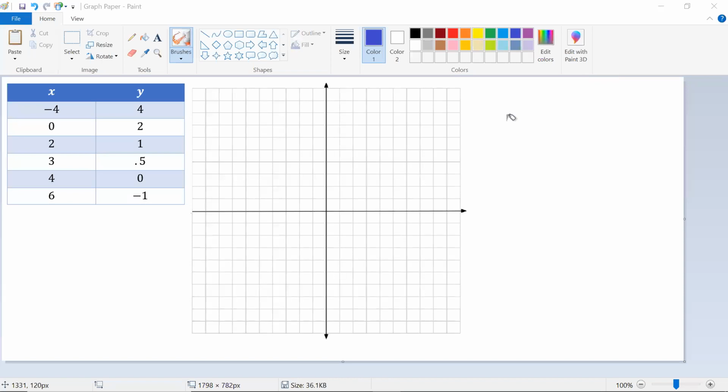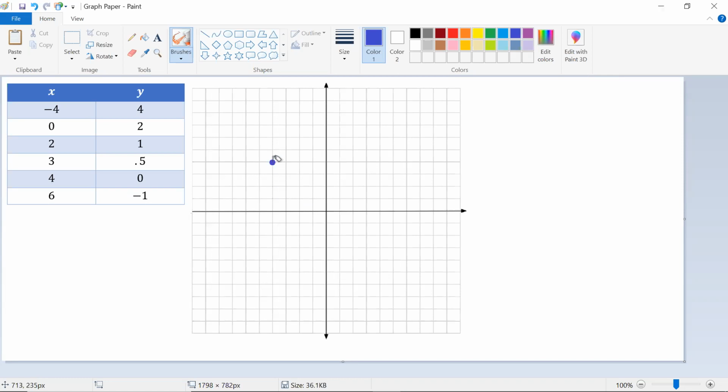Now, by hand, I'm going to utilize Paint, I guess. So negative 4, 4 as a point means I have to go left 4 units and then up 4 units.